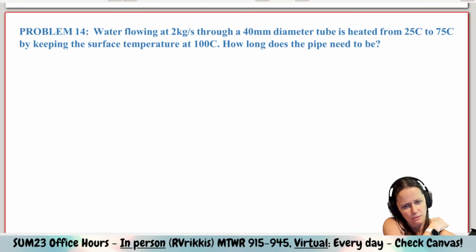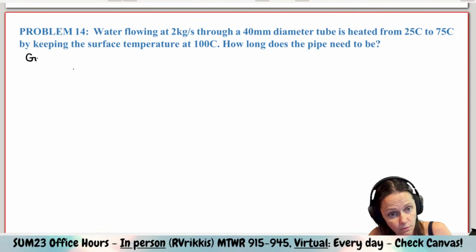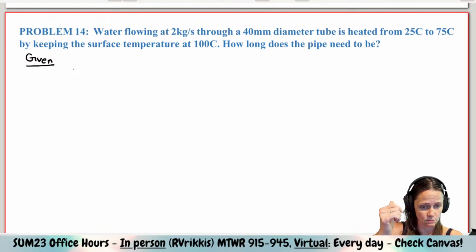So problem 14, I'm sorry. We have water flowing at 2 kilograms per second through a 40 millimeter diameter tube, and we're actually going to find two things.